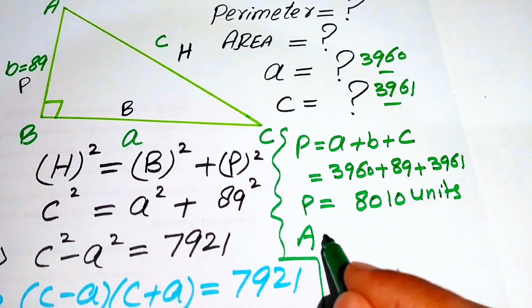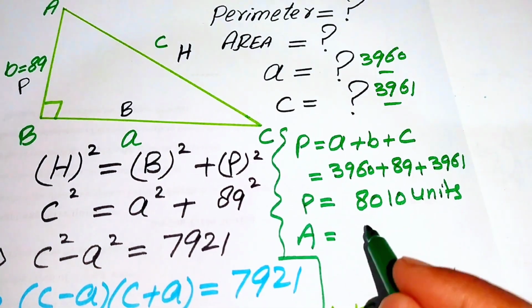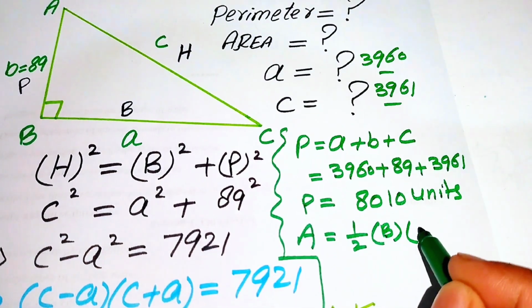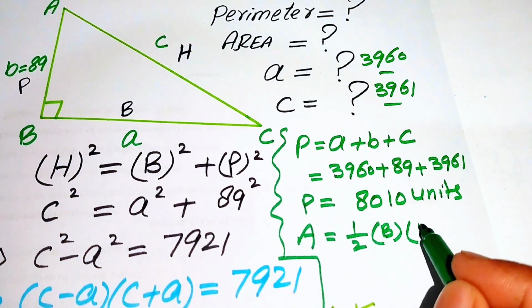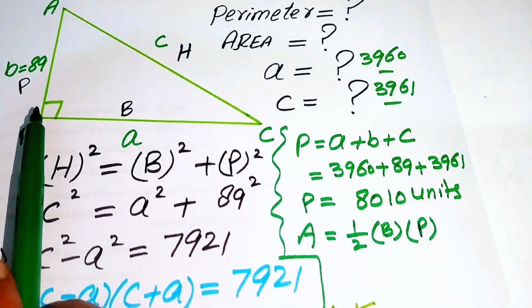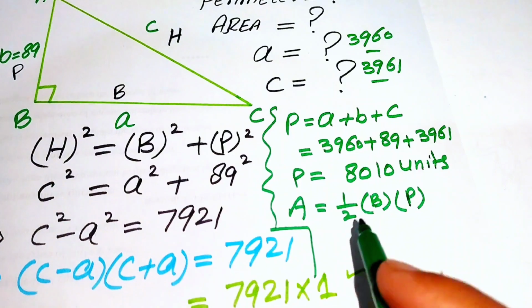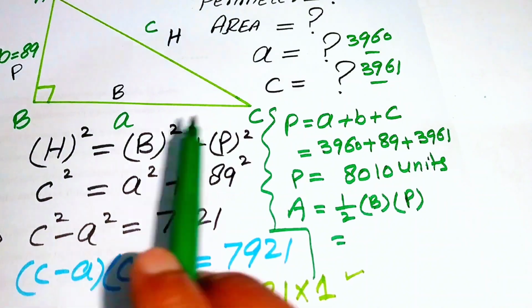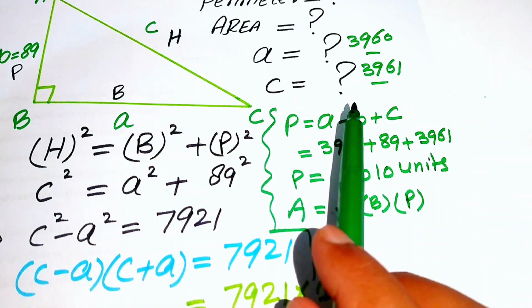And you know that the formula for the area of a triangle is half times base multiplied by its height or perpendicular. So here our height, the perpendicular, is 89, and our base is denoted by a, and the value of a is 3960.